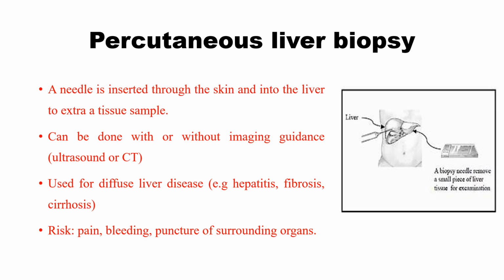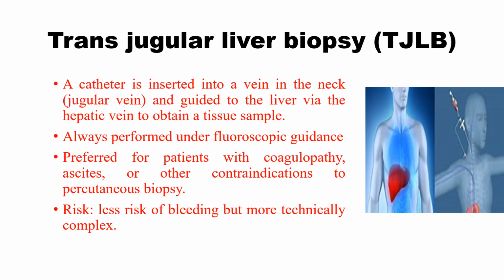The risks for the percutaneous liver biopsy: sometimes pain, bleeding, and puncture of surrounding organs will be there. And coming to the transjugular liver biopsy, a catheter is inserted into the vein in the neck, the jugular vein, and guided into the liver via the hepatic vein to obtain a tissue sample, always performed under fluoroscopic guidance, and performed for patients with coagulopathy, ascites, or other contraindications to percutaneous biopsy.